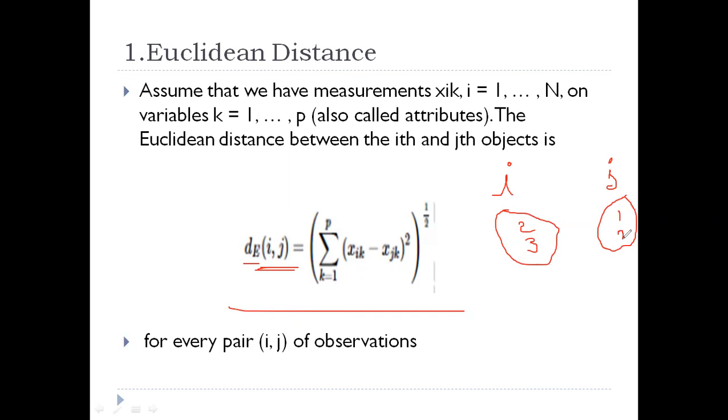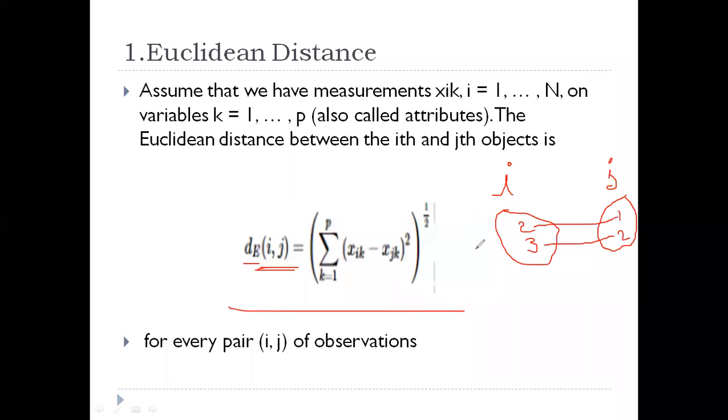Assume these are the data points in the i cluster, and these are the data points in the jth cluster. Now we are going to find the difference between 2 and 1 and the difference between 3 and 2. Now 2 is the first data point in cluster i, and 1 is the first data point in cluster j.